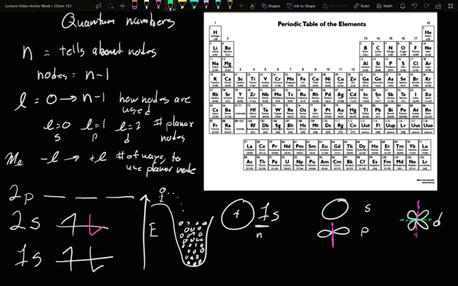A 5th electron, well, now the bottom ones are full, so it has to go to the next lowest. That's the 2p. A 6th electron, a 7th electron, an 8th, a 9th, a 10th. They will spread out in equivalent orbitals first before they pair. So we saw 5, 6, and 7 spread out, and then 8, 9, and 10 pair up.